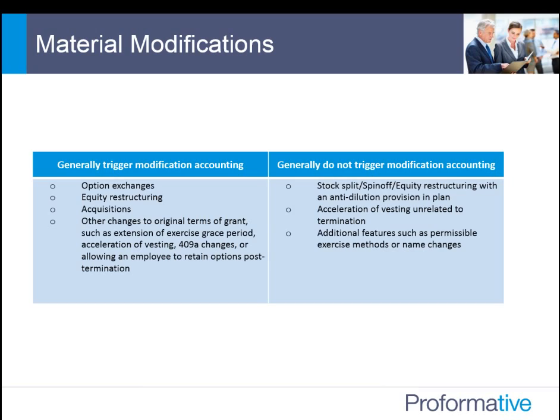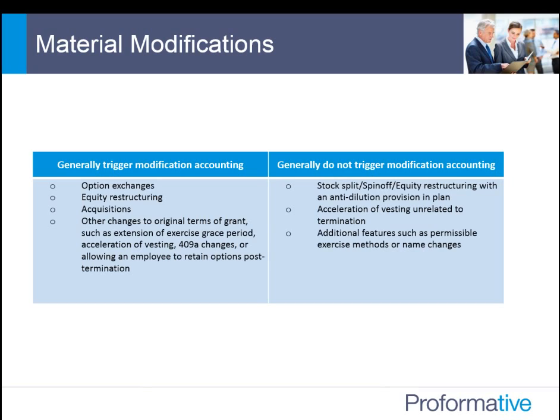Something to keep in mind here is that some equity systems do not support modification accounting. They may have a workaround, such as a cancel and regrant, but should you decide to do a modification, you should make sure that you have a plan in place to implement it. I myself found myself in a situation where we decided to extend the life of our grants back when the stock market crashed, and our system at the time did not support modification accounting.